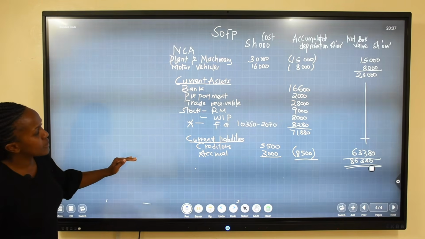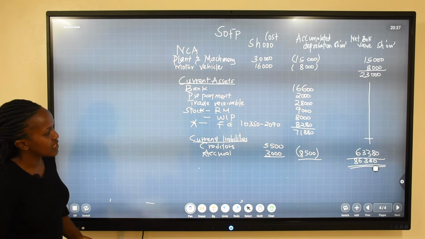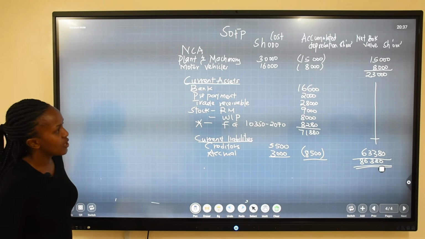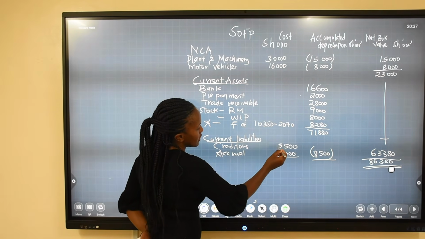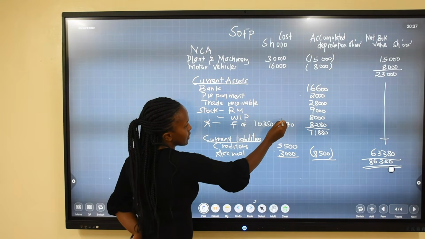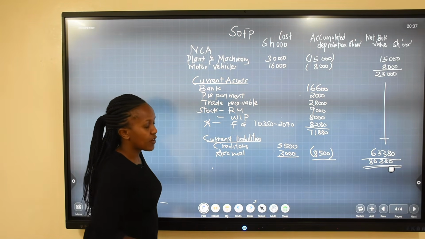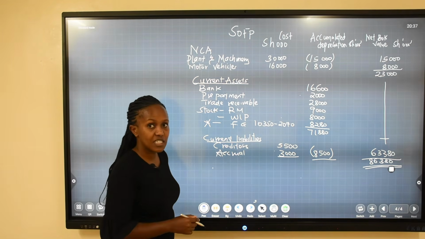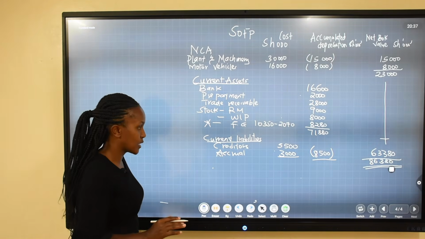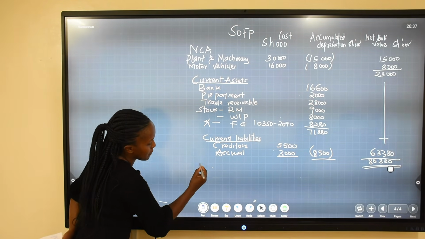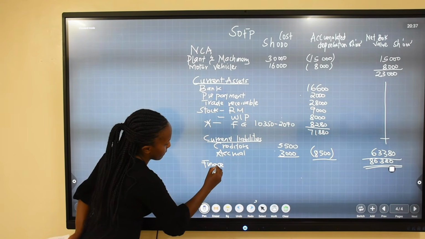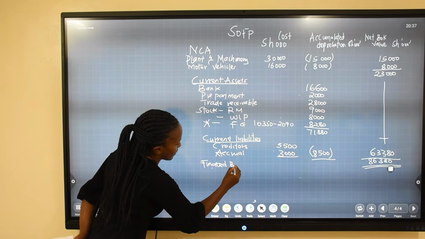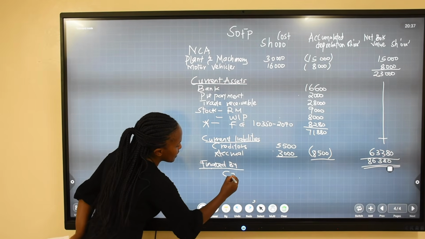Now, this brings us to the final part of our balance sheet, which is the financed by section. But before then, I would like you to note this 2,000, 3,000, and this. We have already computed them before. We have already discussed them in slide 1, 2, respectively. So financed by, we have capital at the beginning of the year.